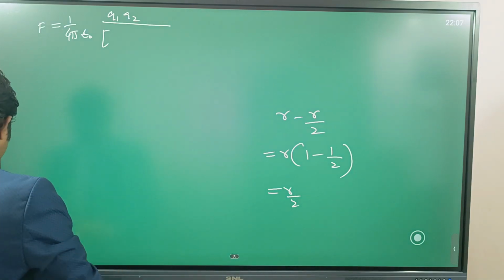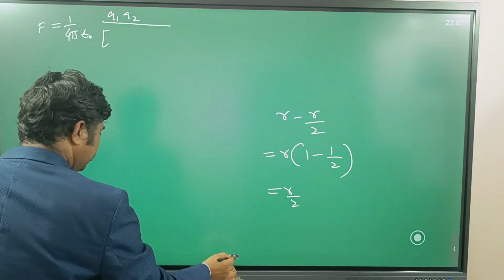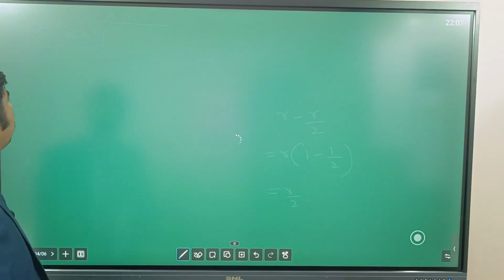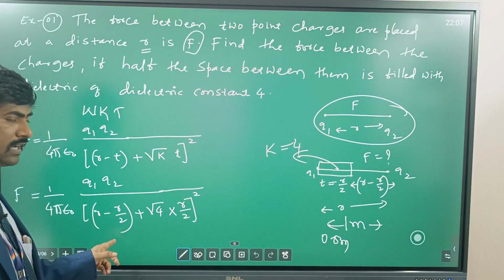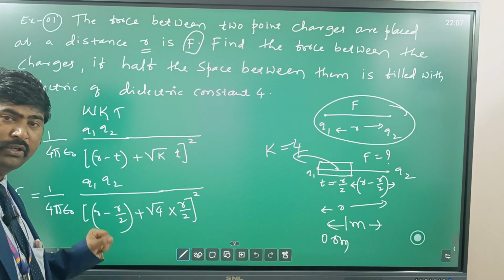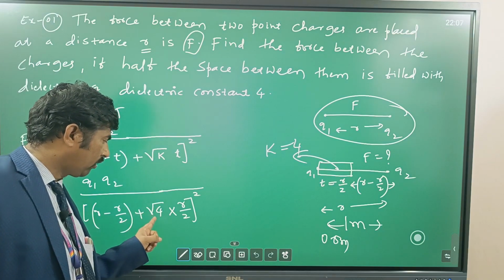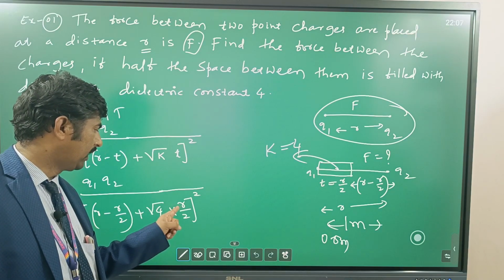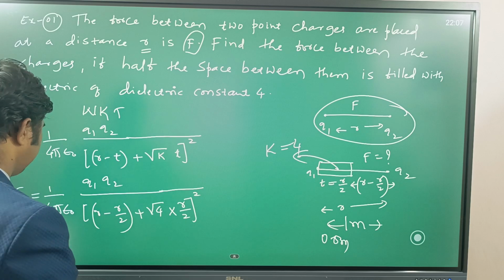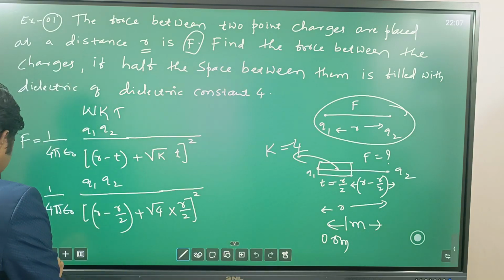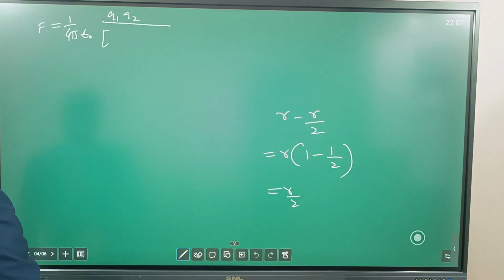Are you clear? So if you go back, what is the value here? R minus r by 2, that is r by 2, and here the square root of 4 is 2. Then r by 2 remains here. R by 2 remains.